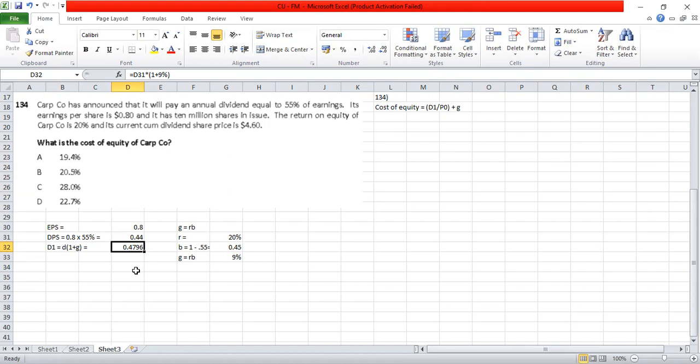Do we know what P0 is? That is the next variable.